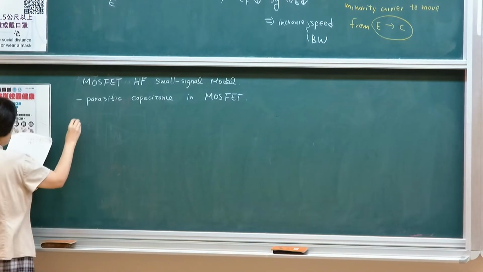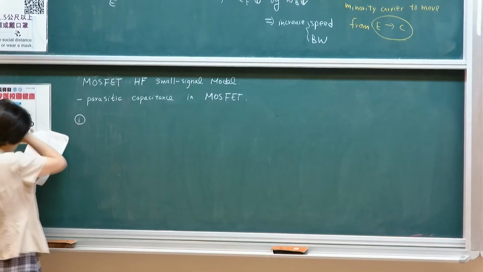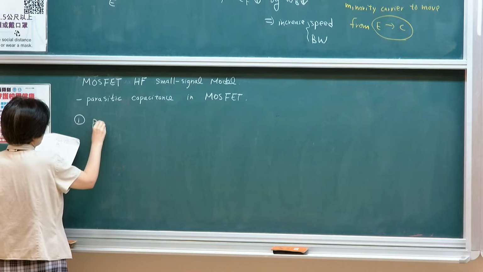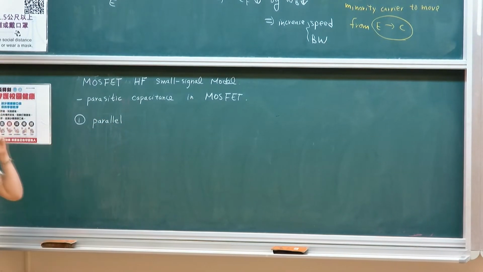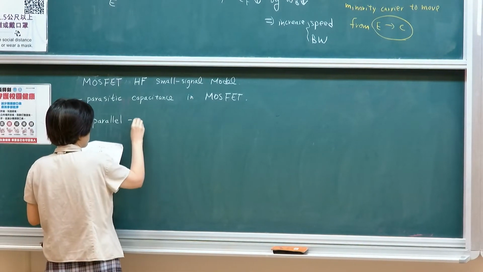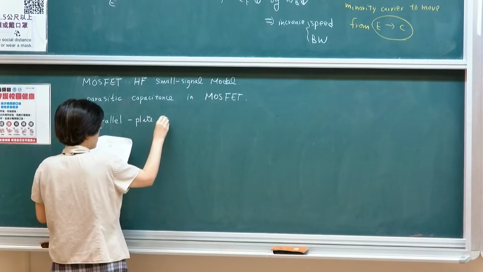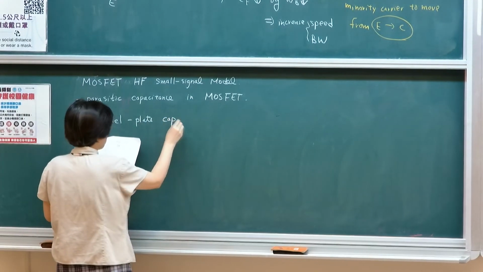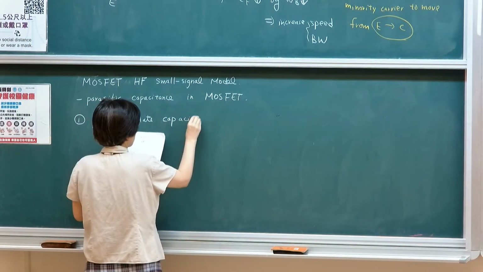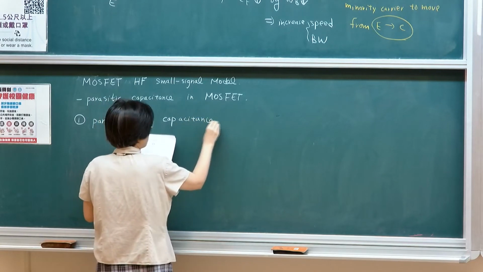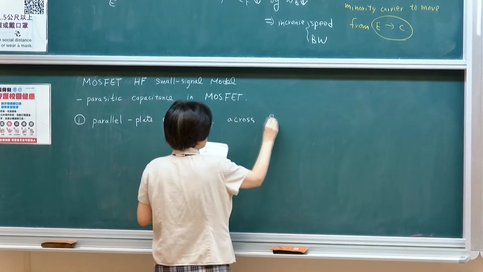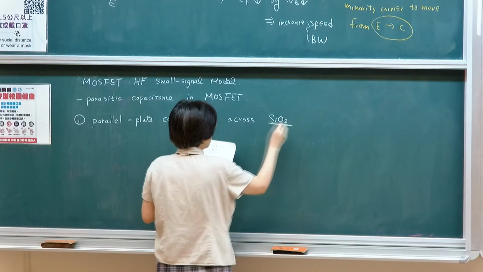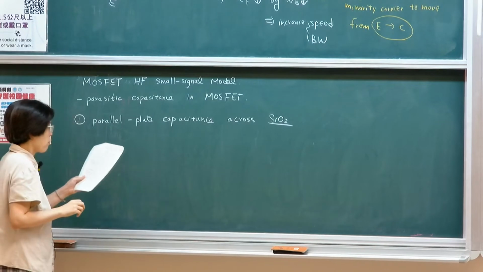There are basically two sources of capacitance. One is the capacitance across the oxide, viewed as a parallel plate capacitance, across the dielectric, SiO2.